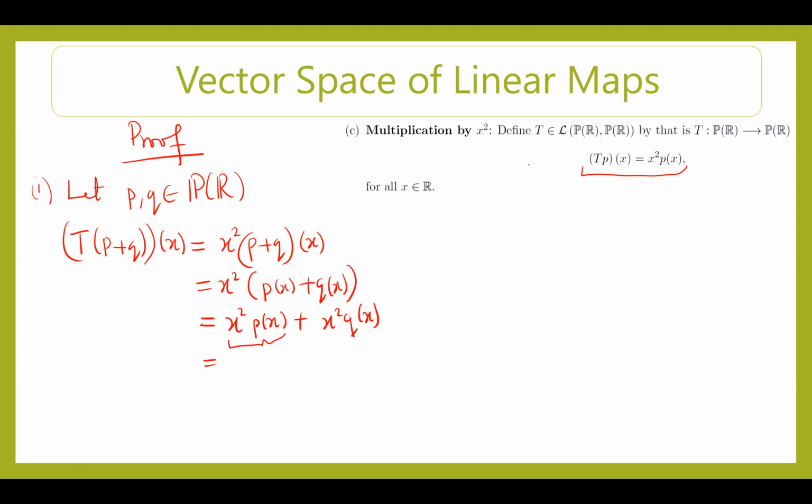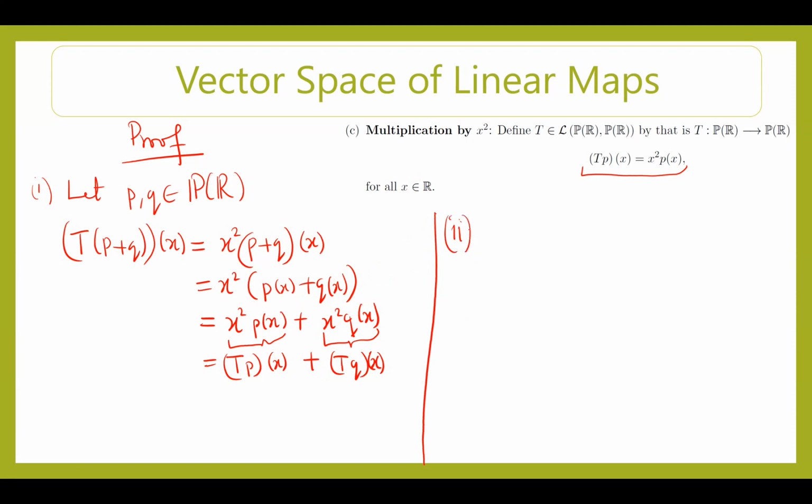By the definition, it is T of P applied to X. And this guy here, by definition, is T of Q applied to X. So the first property is true.